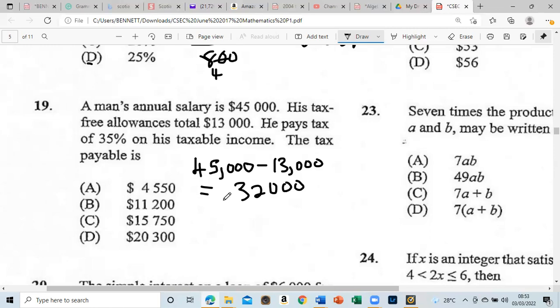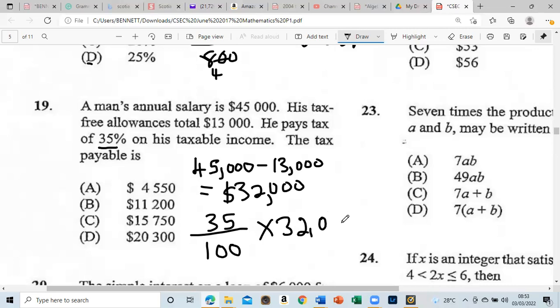All right, so we're going to finish it. So on the $32,000, he pays a tax of 35%. So let's find that. 35% of 32,000.